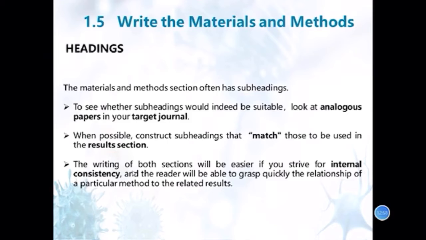The writing of both sections will be easier if you strive for internal consistency, and the reader will be able to grasp quickly the relationship of particular methods to the related results. So, if you have to prepare subheadings, it is better if you match those to be used in the results section.